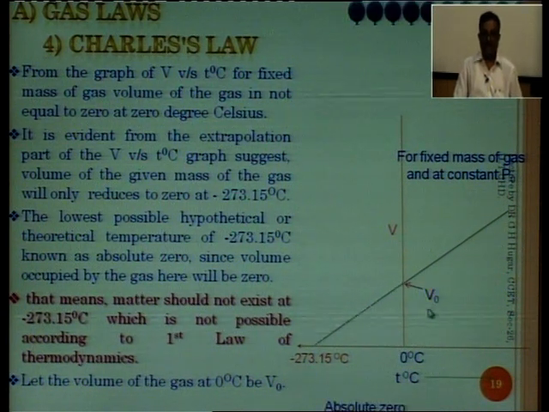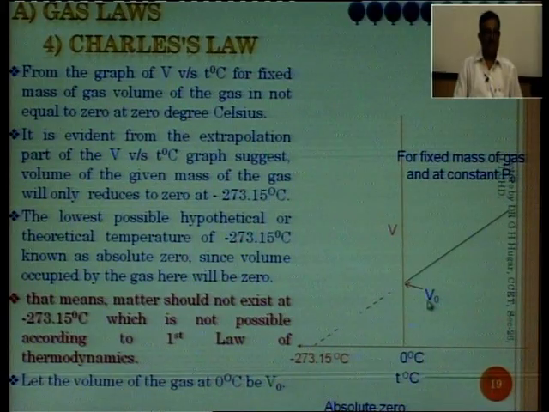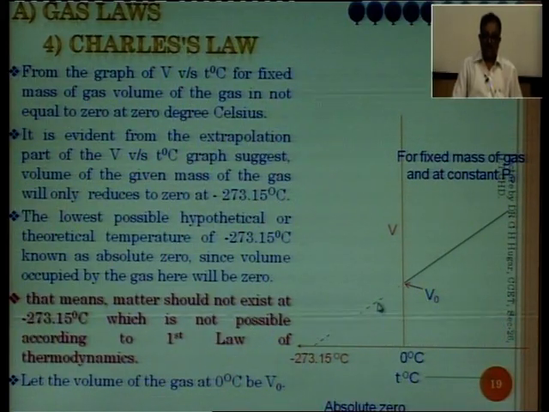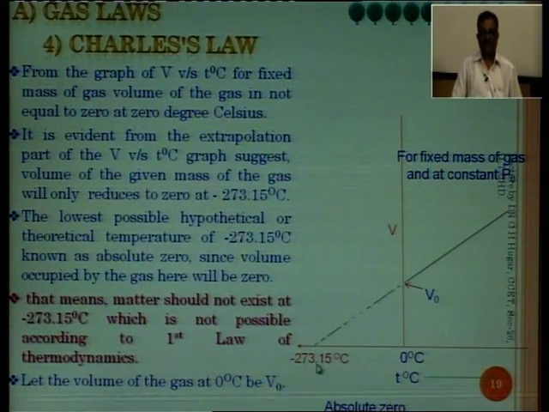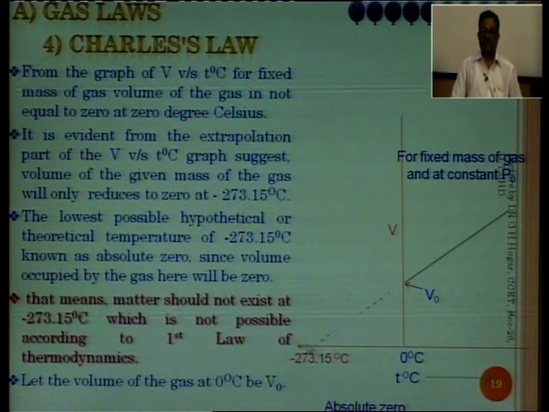Let the volume occupied by the given mass of a gas at 0 degree Celsius be V naught. So, if we try to extrapolate that, we will end up with an interception of this line on the x axis at minus 273.15 degrees Celsius, and this is what is called absolute 0, a hypothetical or theoretical temperature.